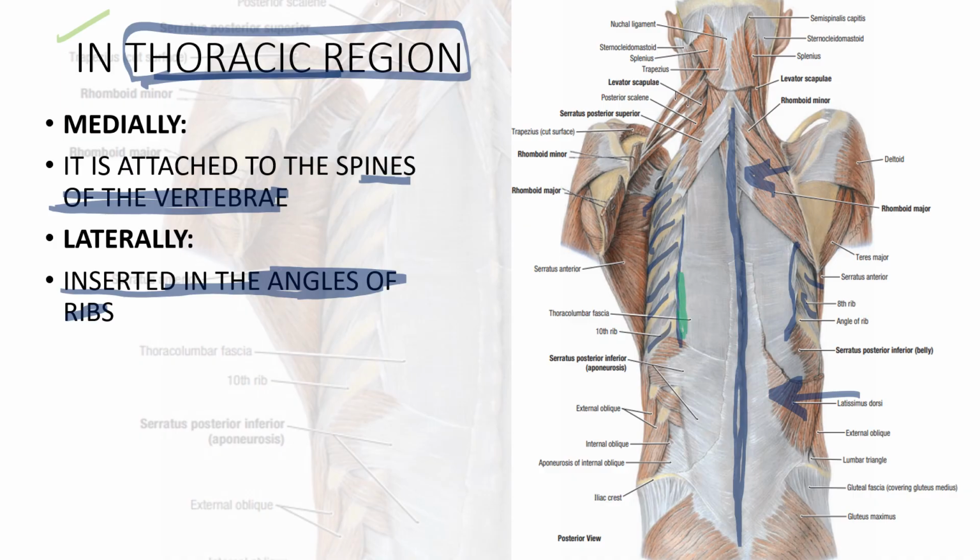The parts of the rib are in a different video, you can see that video. So this area is the rib's angle. So thoracolumbar fascia is medially attached to the spine of the vertebrae and laterally attached to the angle of the ribs in thoracic region.